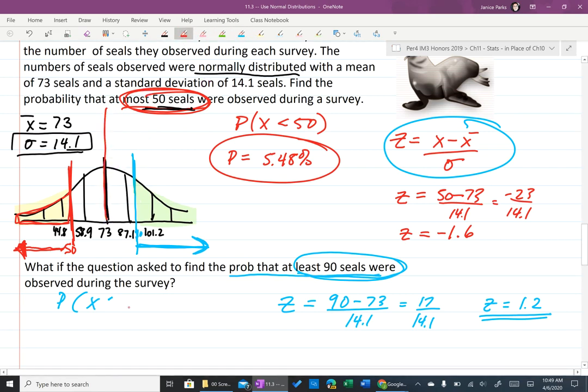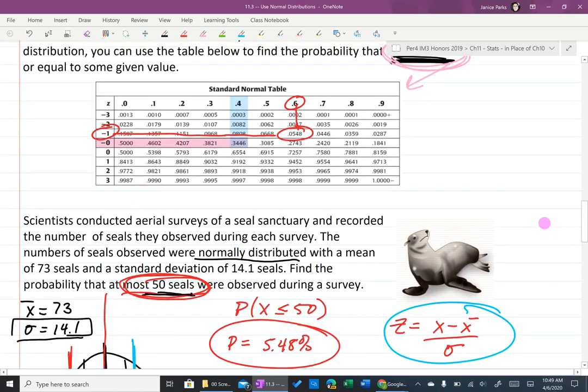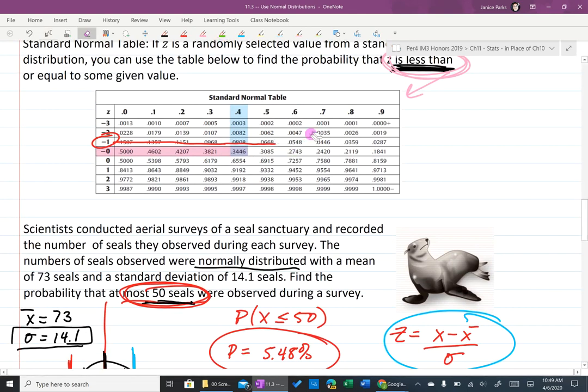So this one we want greater than or equal to 90. So we look up 1.2. We go back to this table. In the table, we go to positive 1 and 0.2, and we see where they meet.